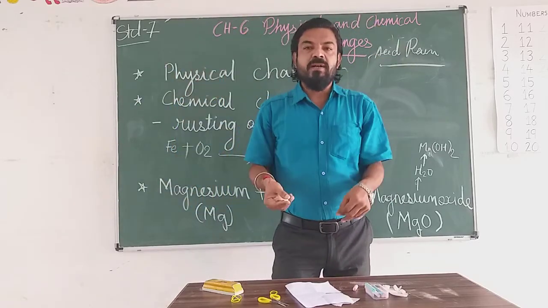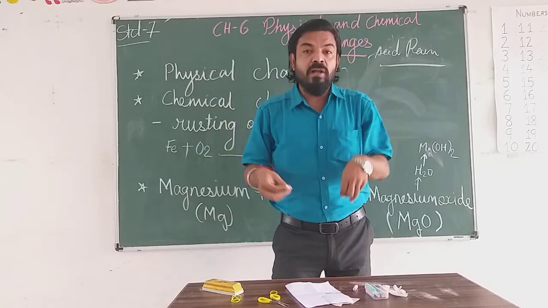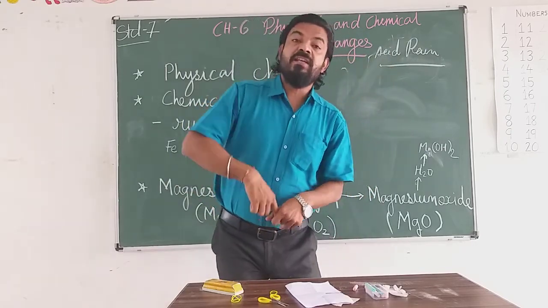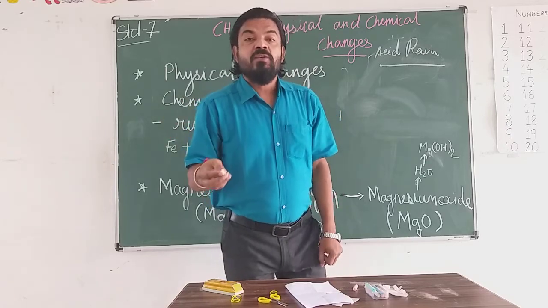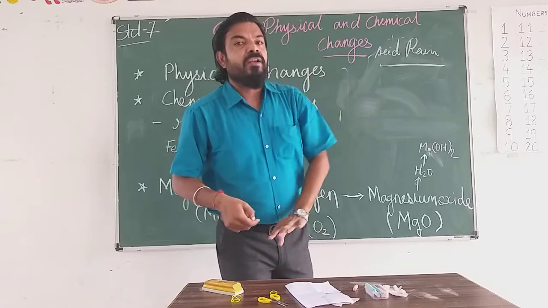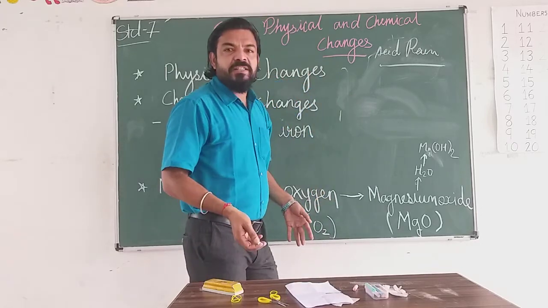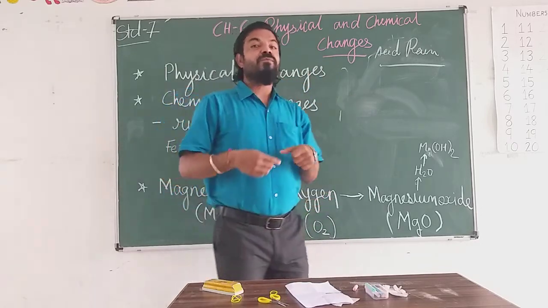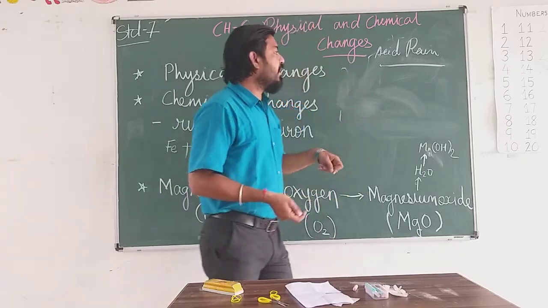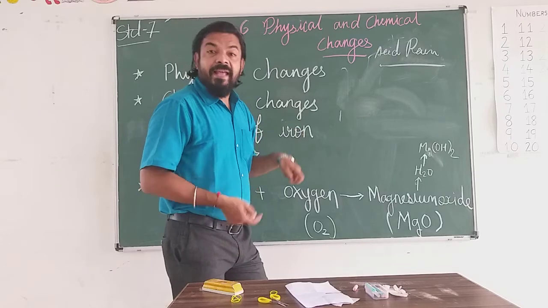When the raindrops fall, they mix with the sulfur dioxide and give sulfuric acid. So that is called acid rain. We know that nitrogen oxide with the water, water comes from where? Cloud. In the rainy season, when drops fall, it gives nitric acid.